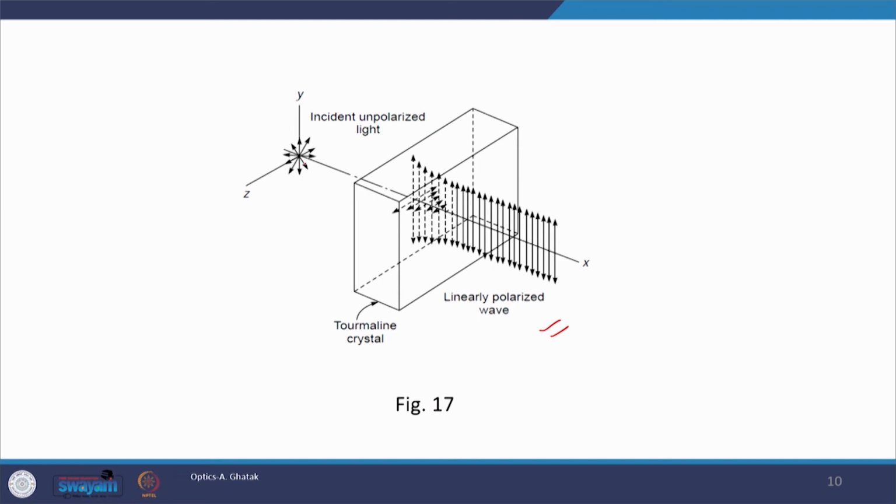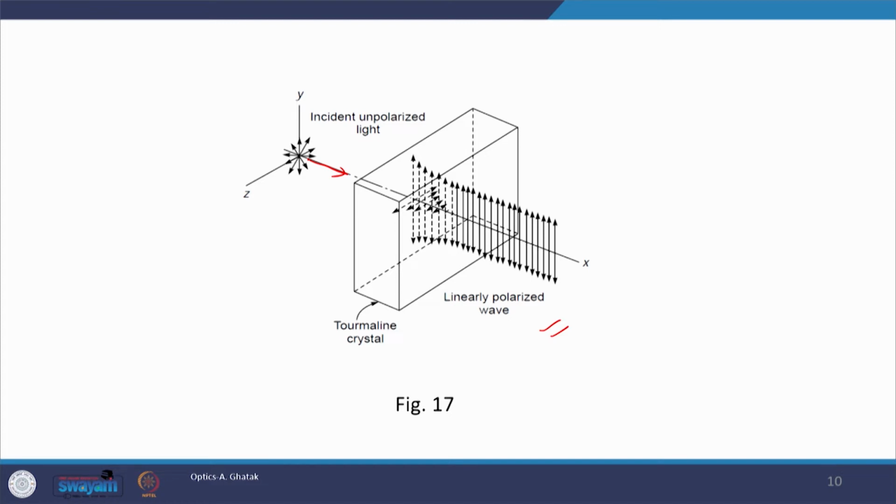And if there is polarization-dependent absorption, then one of the beams would be absorbed and we would be left with the other beam, which is also linearly polarized, and we will get only one linearly polarized output through this tourmaline crystal, which is schematically drawn here. You see here, in this crystal we launch an unpolarized light, and this unpolarized light splits into two. One beam is vibrating in a vertical direction, while the other is vibrating in a horizontal direction.